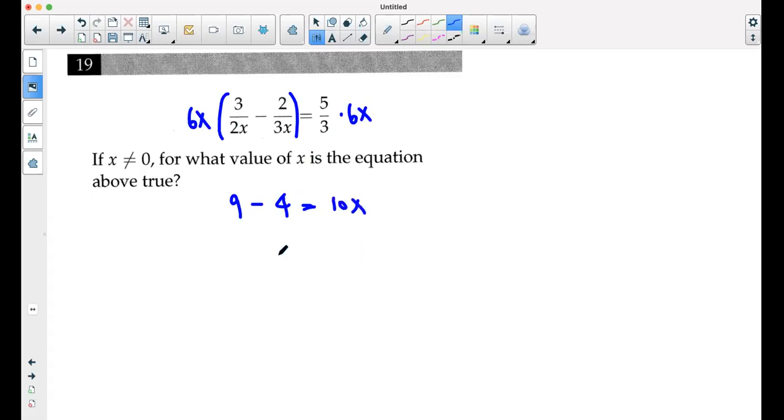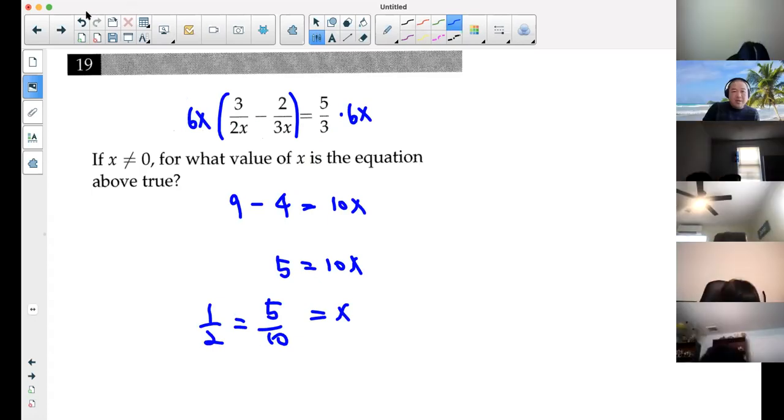So what do we get, guys? We have 5 equals 10x. So x equals what? 5 over 10, which is equal to 1/2. So that's what we could have done. Is that okay, guys, for you? Yeah? Alrighty.